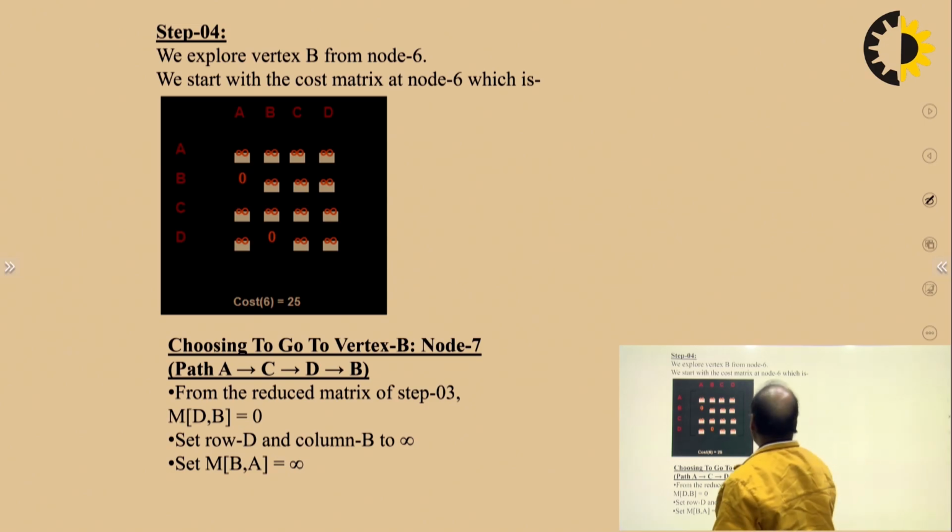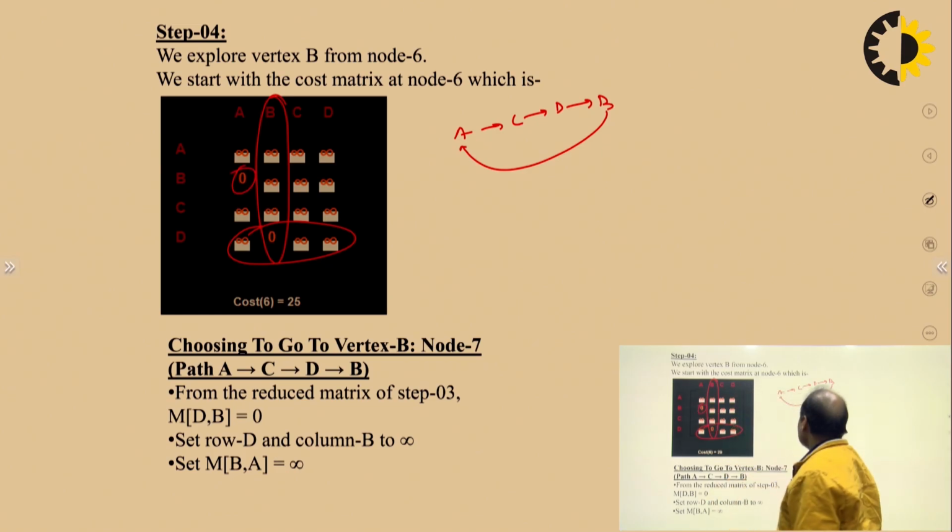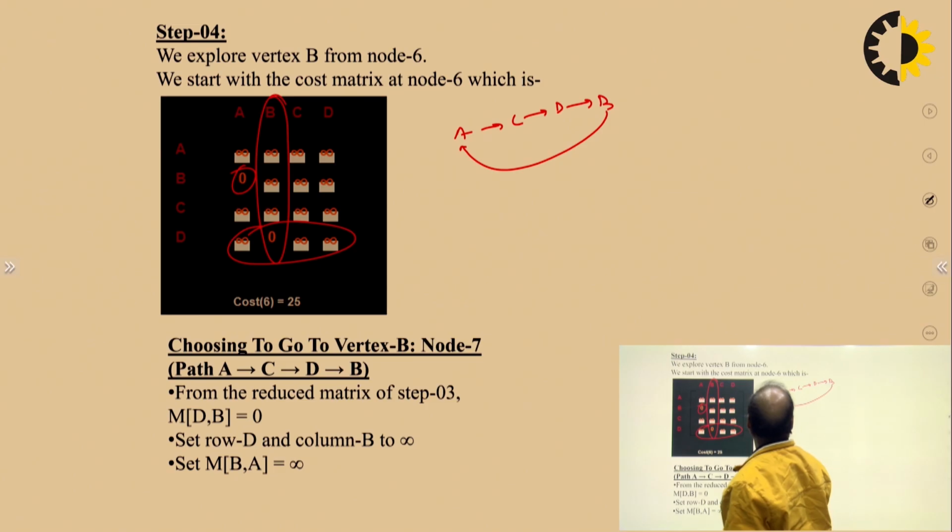So now the next node is A to C, C to D, and then of course D to B. Row D is infinity, column B is infinity, and then BA is infinity. So the entire matrix, and D to B is 0.